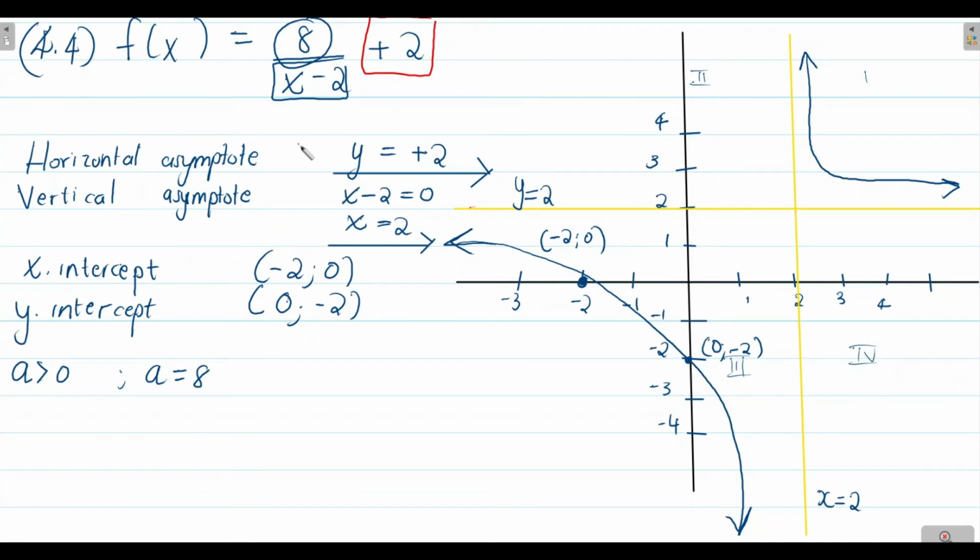You get the x-intercept by letting y equal 0, and the y-intercept by letting x equal 0. Because the value of a is greater than 0, the hyperbola is going to be in the first and third quadrants of this new Cartesian plane. I'm calling it a new Cartesian plane because our function has shifted: first quadrant, second, third, fourth.